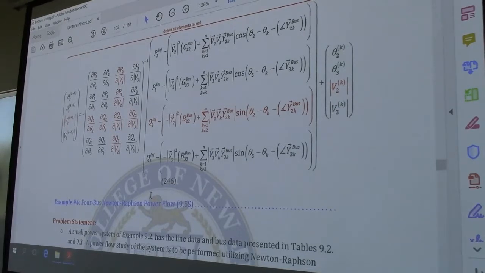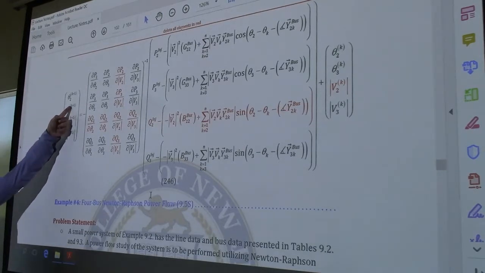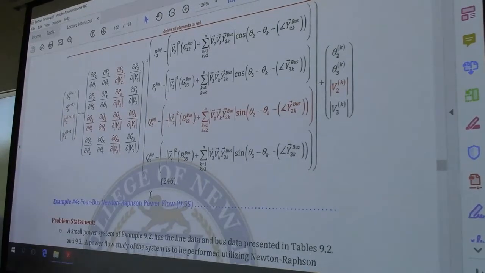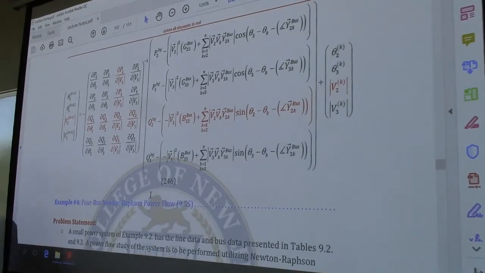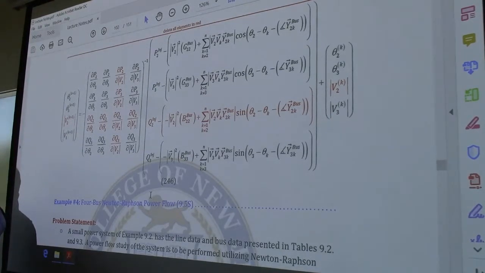So if you're given a 3-bus system, one of them an infinite bus and then one PV, you're really just working with one. Well, you still have to solve the theta for that bus. So going back to the very beginning, the number of state variables that you have to solve for is the number of buses times 2, minus 2 for the infinite bus, because we're not solving those, and minus 1 for each PV bus.